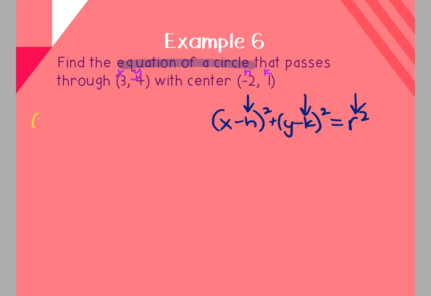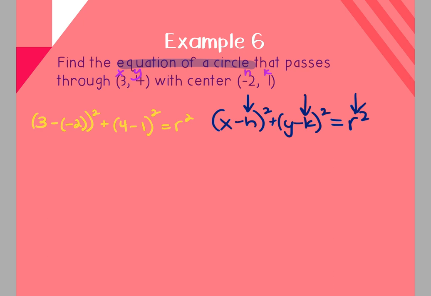So my x is 3. My h is -2, so this is minus a -2 squared, plus the y is 4, minus the k is 1 squared, equals r squared.